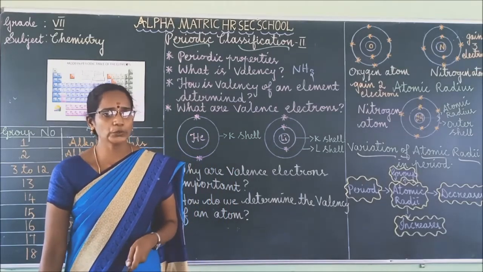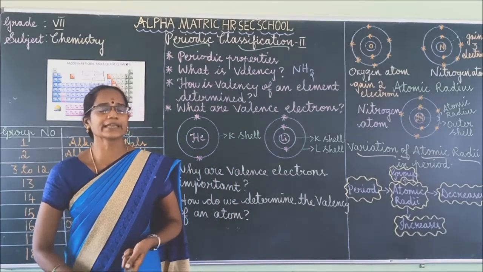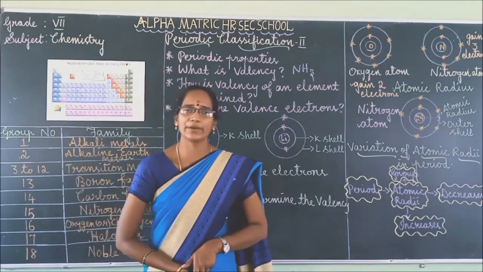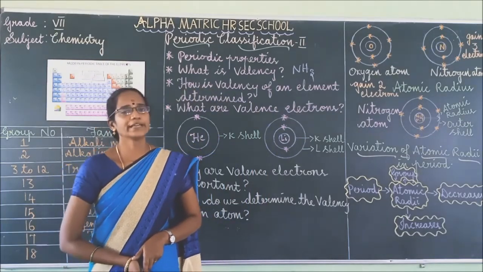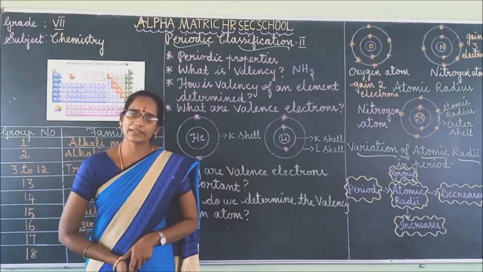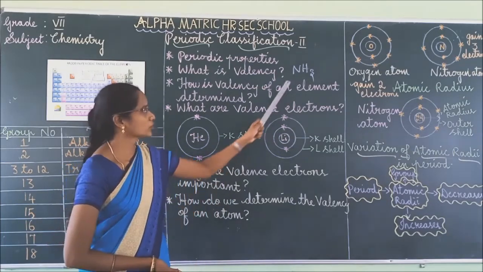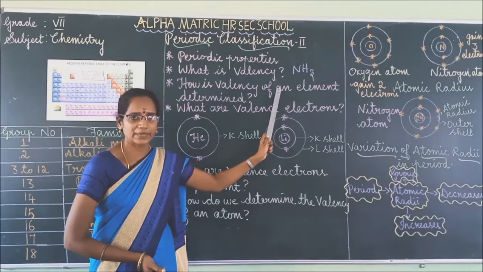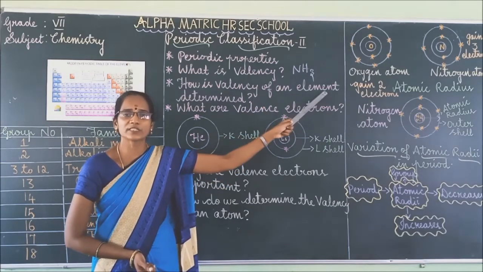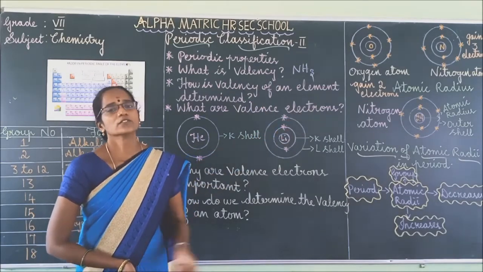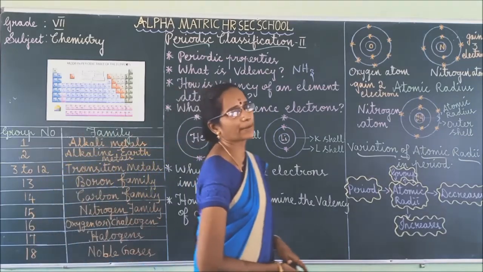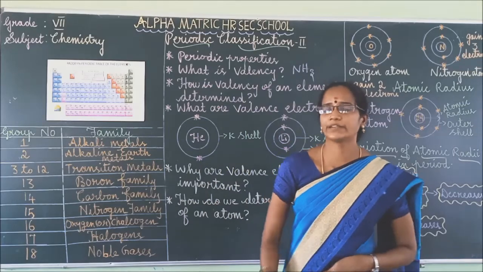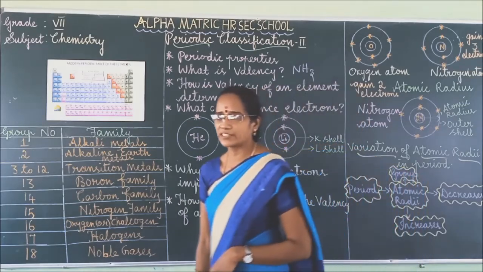Valency means the combining capacity of an element with respect to hydrogen. So the valency of nitrogen is 3 because it combines with 3 atoms of hydrogen. Got it? Valency means the combining capacity of an element. This is called valency, right?